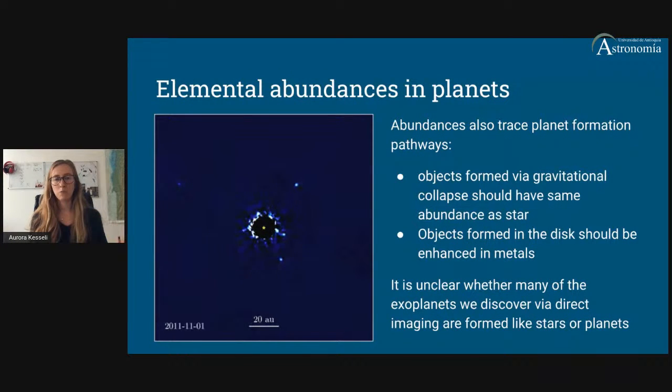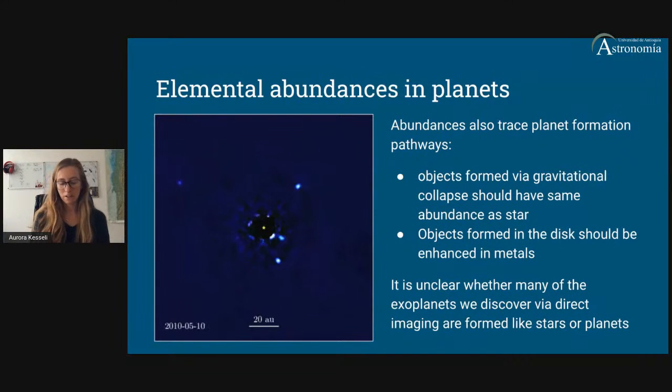And so now that we've talked about abundances and some of the applications of knowing an abundance, I wanted to go back to elemental abundances in planets. And elemental abundances in planets are thought to trace different planet formation pathways.